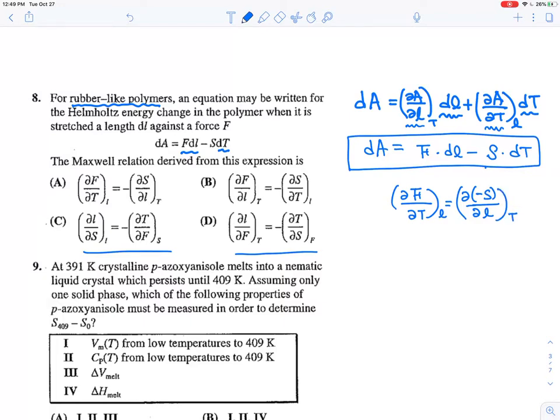So that will be another Maxwell relationship that is given out, okay? So then round F, round T over L is minus round S, round L over T. So where we are now, yeah, this is the one. A is the right answer.